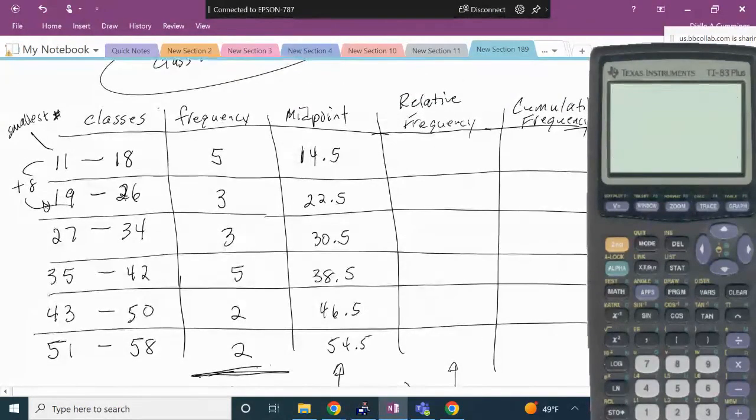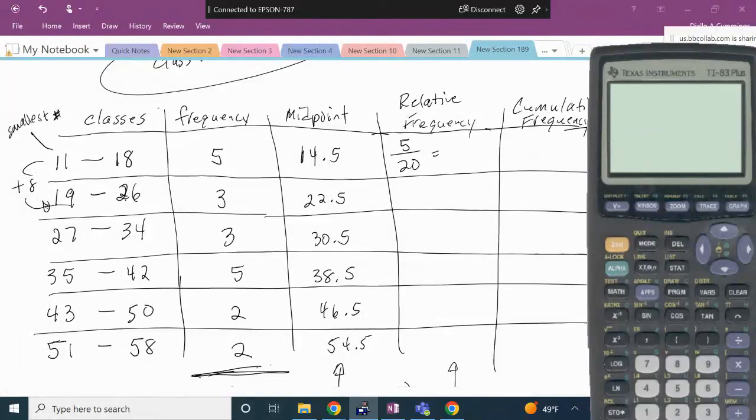So if we wanted to find the relative frequency for this first class, I'm going to take the frequency for that class, which is 5, and I'm going to divide it by 20. Right.